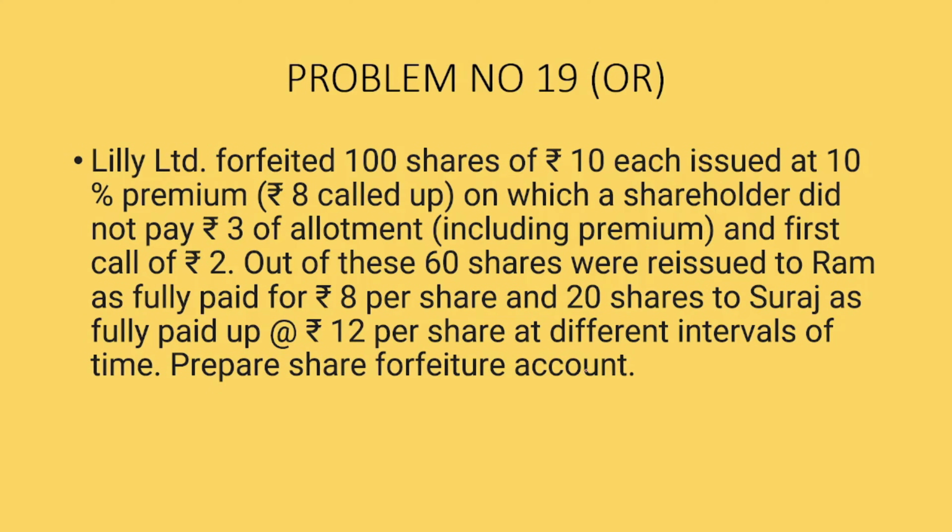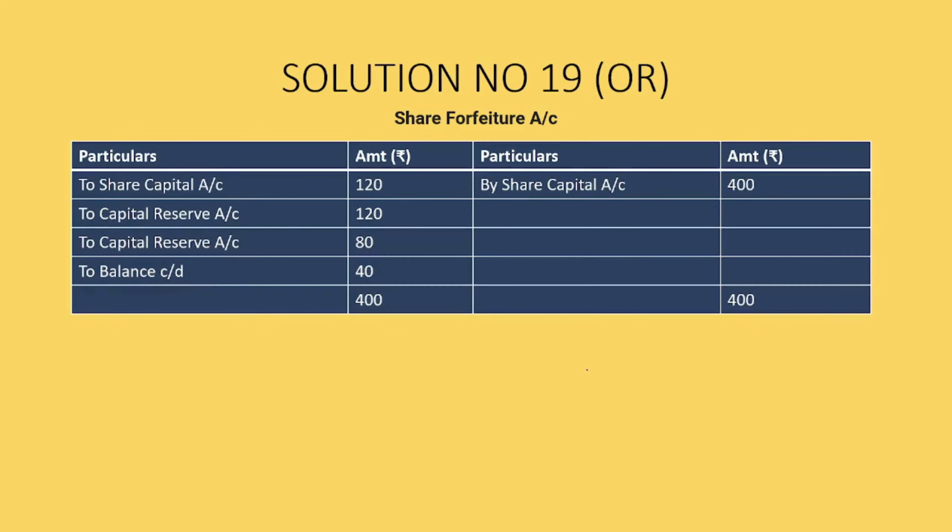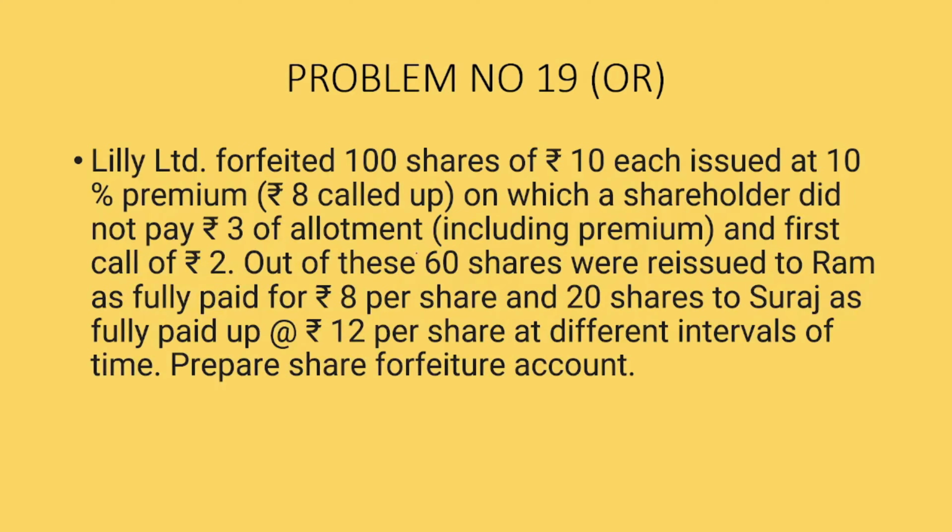Prepare the share forfeiture account. So here if we see the answer, it will be: to share capital account 120, to capital reserve 120, to capital reserve once again 80, and to share capital 400, that is the balance is coming as rupees 40.